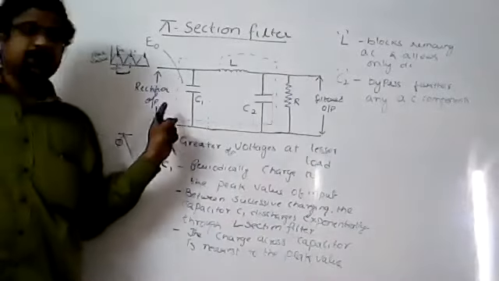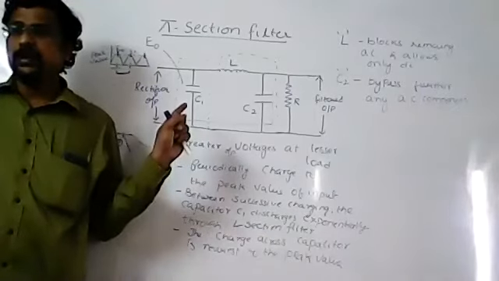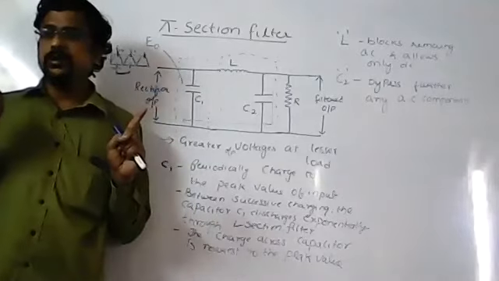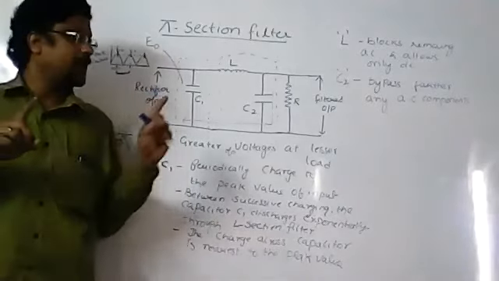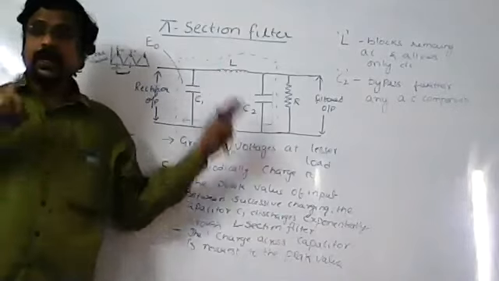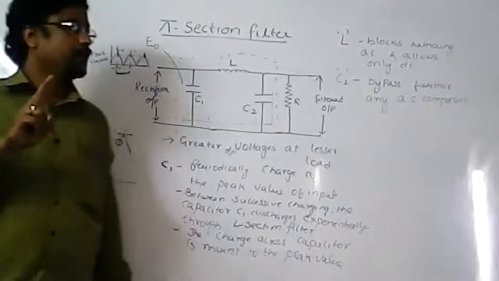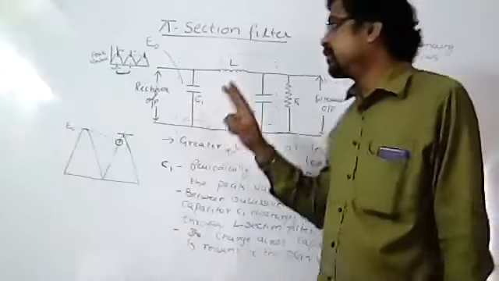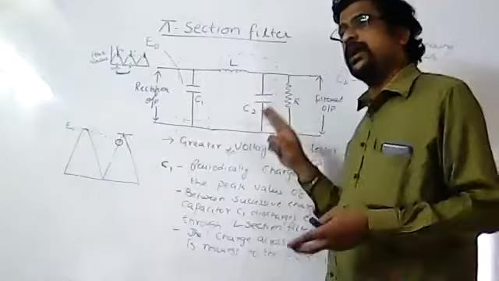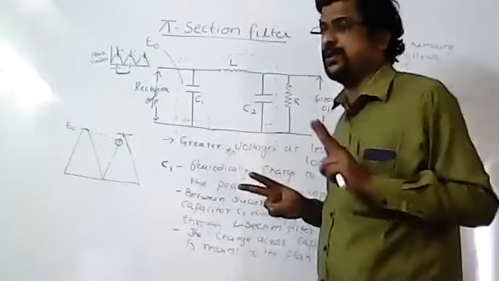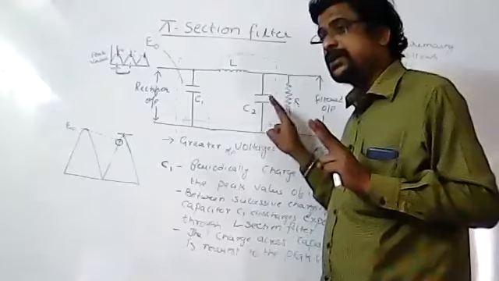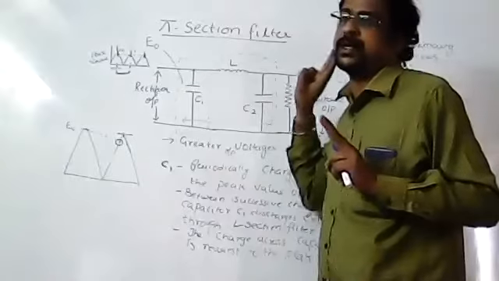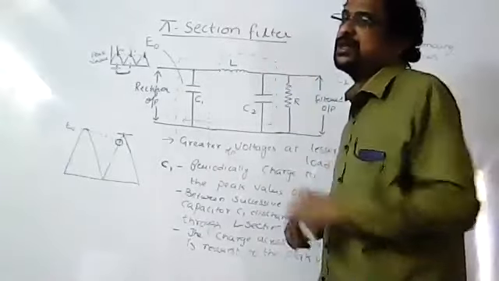The first capacitor is a shunt capacitive filter. There one filtration is done, where AC components are removed. If any AC components remain, they are blocked by the inductor L. That is the second filtration, due to the property of the inductor, which blocks AC components. Now the capacitor C2 bypasses any remaining AC components, so the third filtration is done.